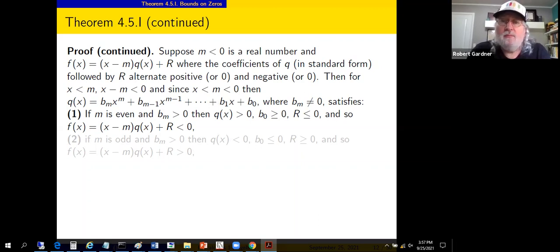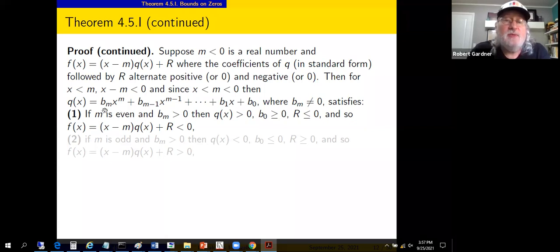But remember how the signs alternate? We started with a hypothesis that this one is positive. Well, if this is positive, then this is negative or 0. If it's 0, this simply disappears. If it's negative, the coefficient is negative. We just argued that the power of x is also negative. We got a negative times a negative, which is positive.